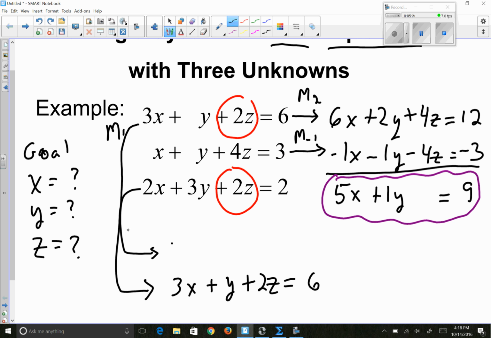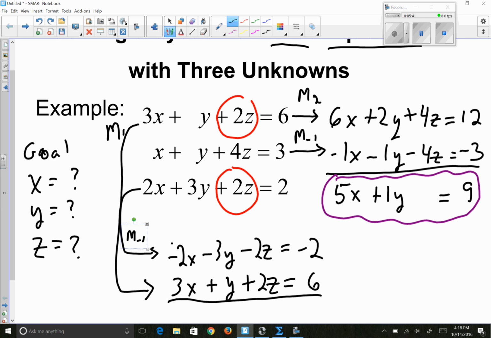And this third equation, we're going to multiply by -1. -1 times 2x is -2x. -1 times positive 3y is -3y. -1 times positive 2z is -2z. Equal sign, -1 times 2 is -2.